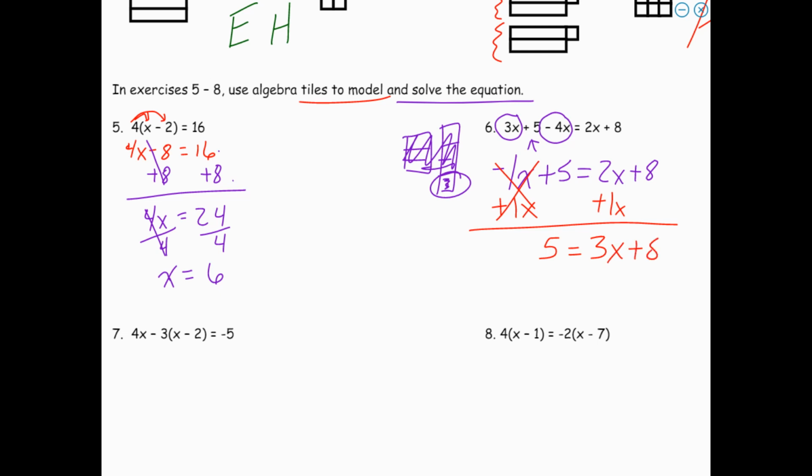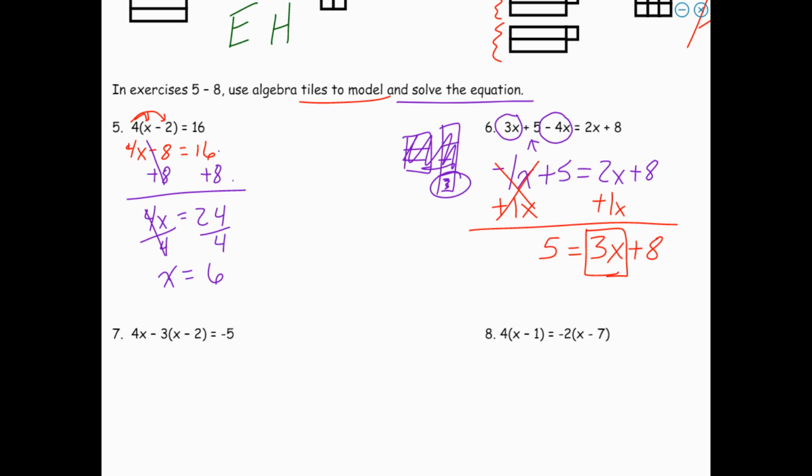It does not matter which side the x ends up on; at the end you'll want to put your x first, but it doesn't matter how you work it out. Because they're equal and it's a scale, you can write them either way. Now I've got my x's all over on this side.